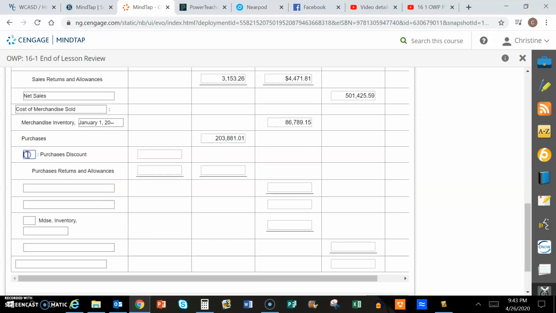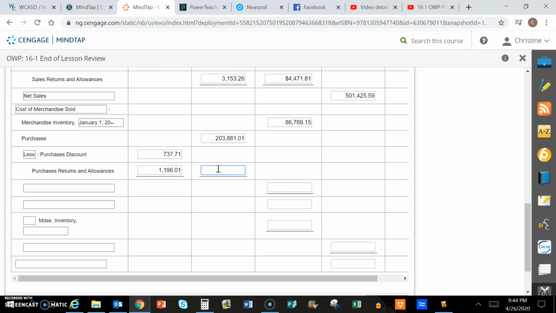All right, so this is your purchases less your discounts and allowances. Our discounts are 737.71, and my returns and allowances are 1196.01.